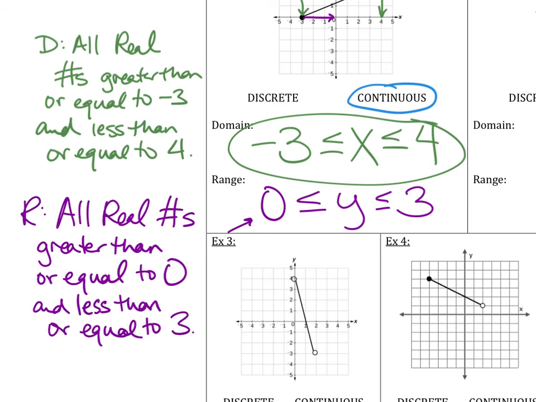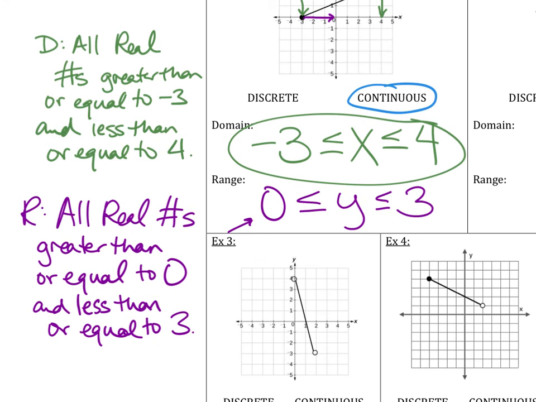Okay, that's the verbal descriptions. This all real numbers part is the same, and then all that changes is your numbers. So if you see answer choices written out in word form, which you will, that is what we're talking about. It's just your mathematical sentences put into English terms.